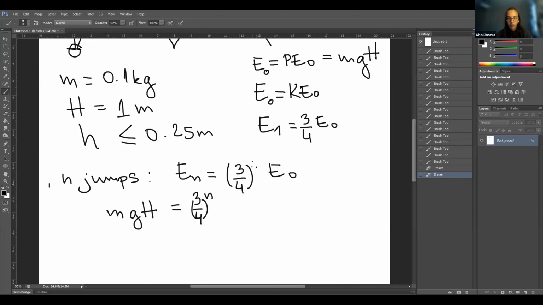Just to make it clear in case somebody is writing along. So what I wanted to say is that the energy which we get at some point, which is mg small h, which we have reached after n bounces, is this fraction of the initial energy, which is mg big H.